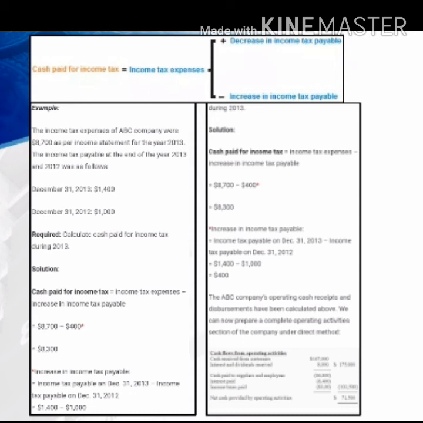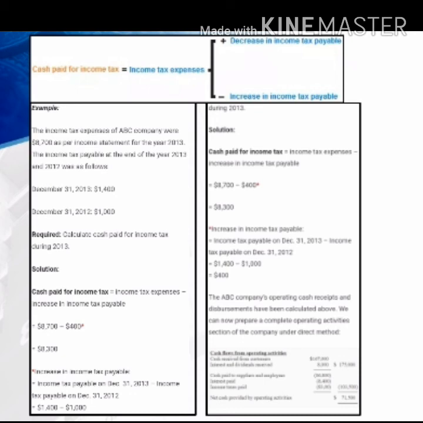And the cash paid to suppliers and employees, which is $86,800, then add the interest paid, which is a total of $8,400, and also add the income taxes paid, which is $8,300.